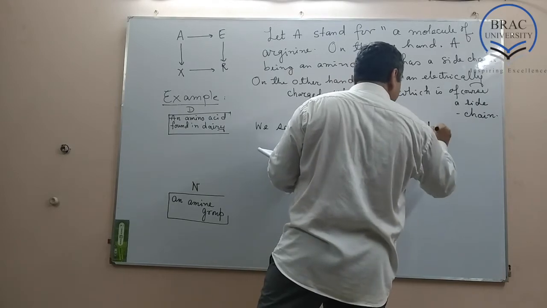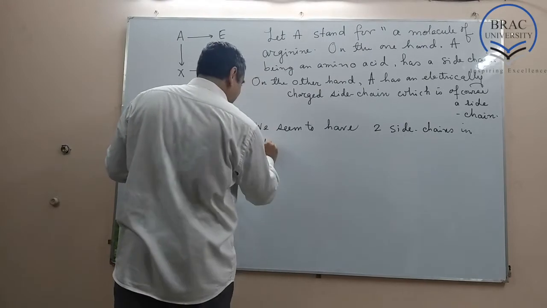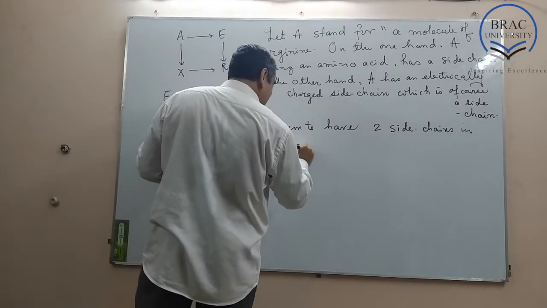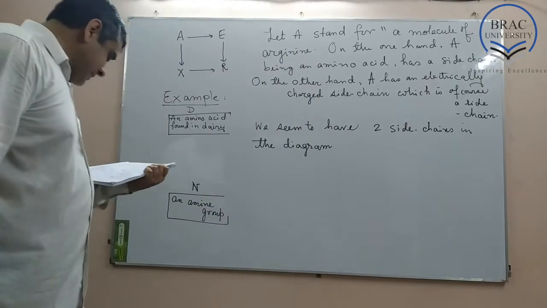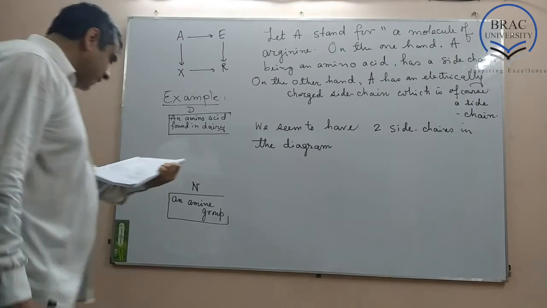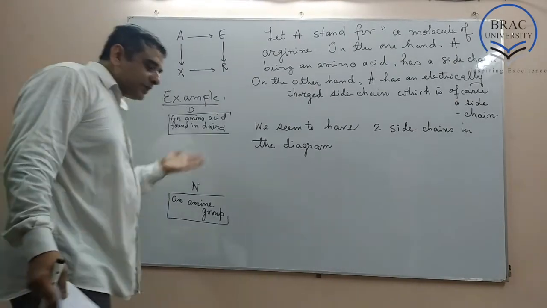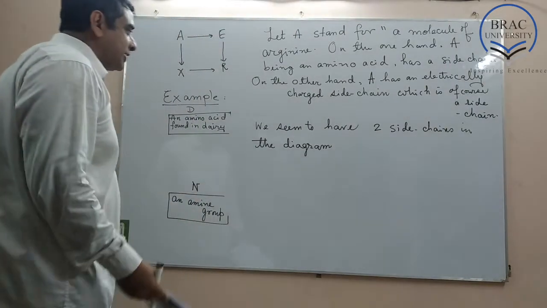Two side chains in the diagram, but you see that they correspond to the same physical thing, okay? Because they are both the same side chain, which is precisely an electrically charged side chain.